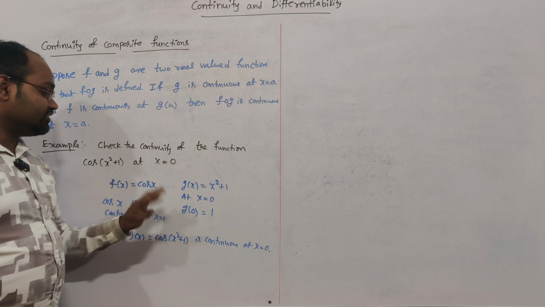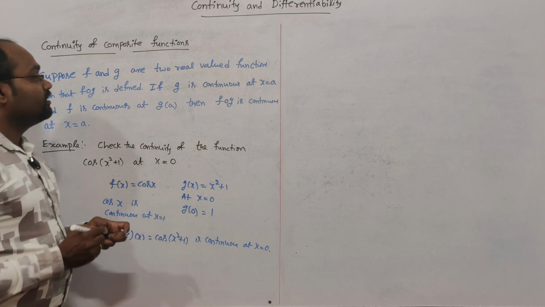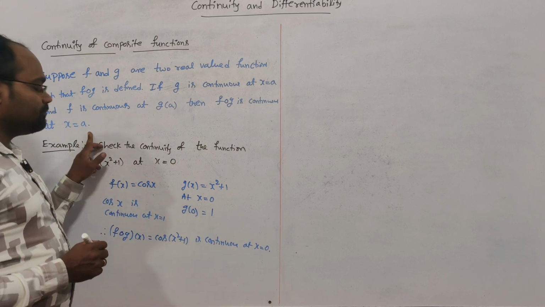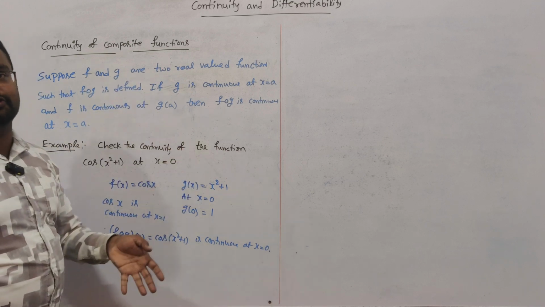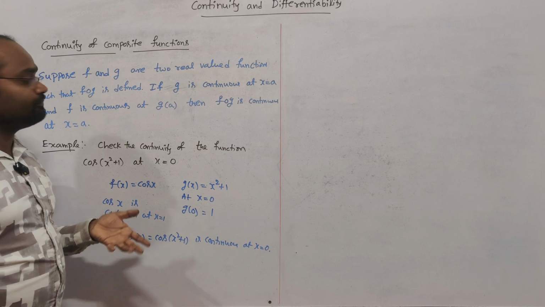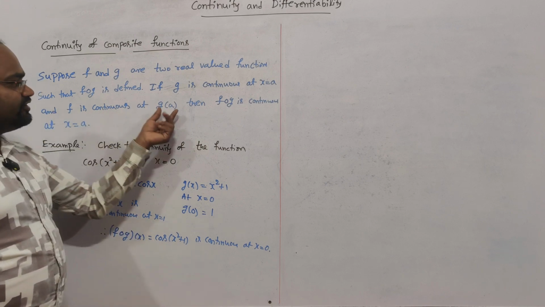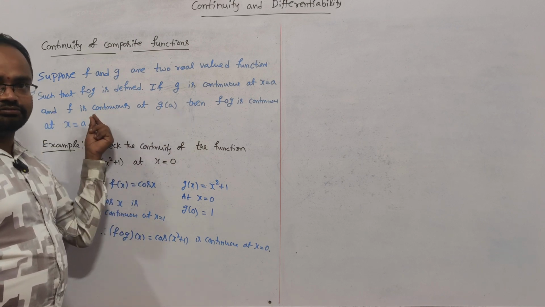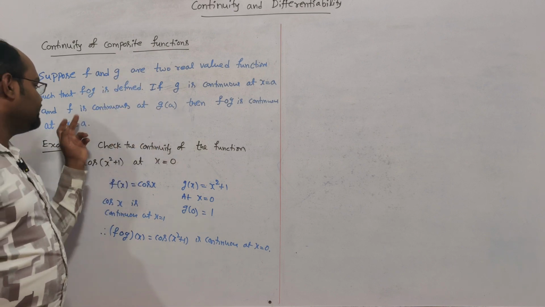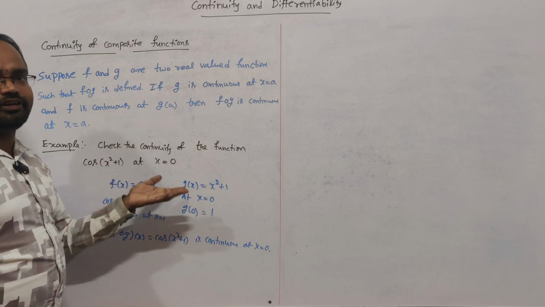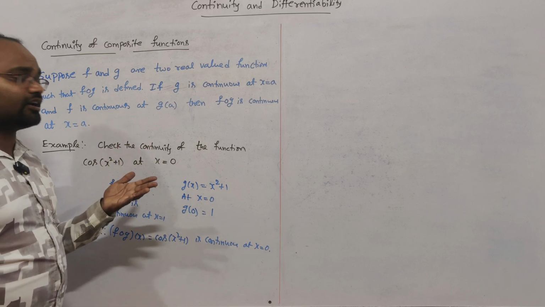Simple. We can generalize this. Instead of taking a point, suppose f and g are continuous functions, two continuous functions, and obviously g of a is also continuous, because when f composition g is defined, a is any point in its domain and the function is continuous.